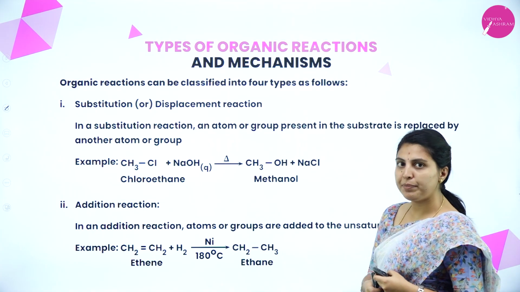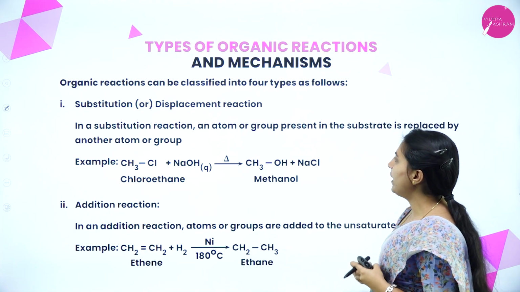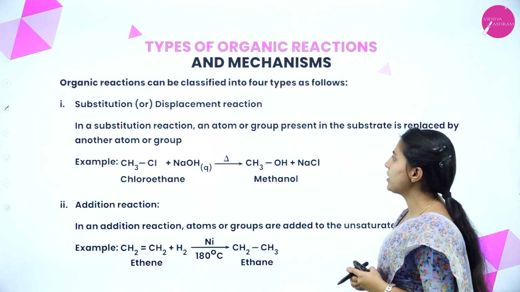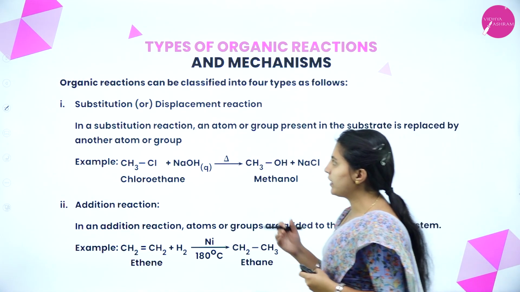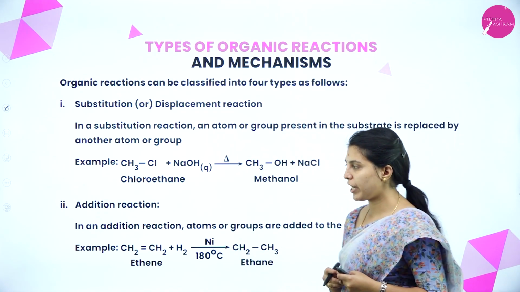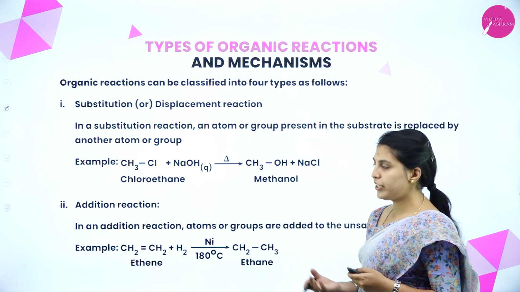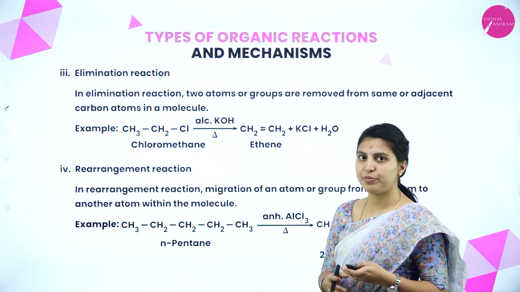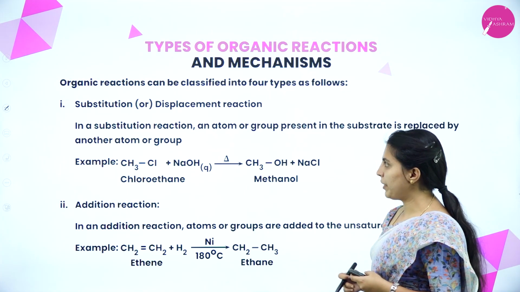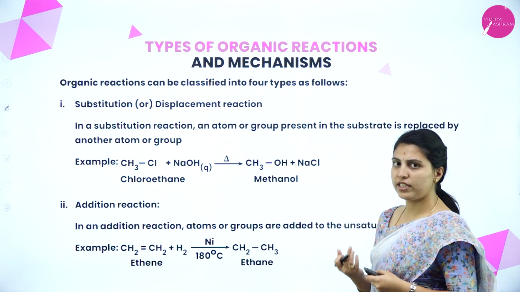Next is types of organic reactions and mechanism. Organic reactions can be classified into 4 types as follows: substitution or displacement reaction, addition reaction, elimination reaction and rearrangement reaction. We'll see one by one. What is substitution or displacement reaction?